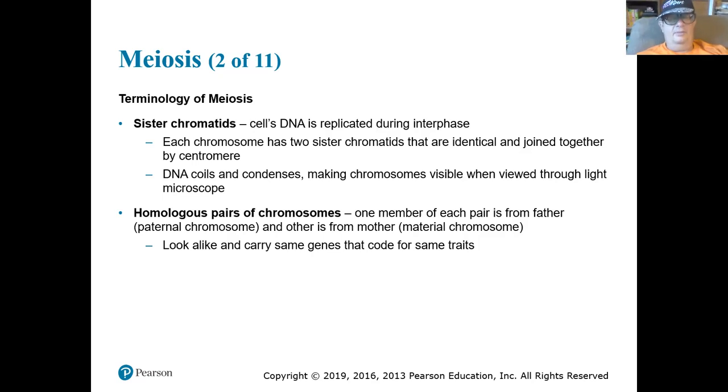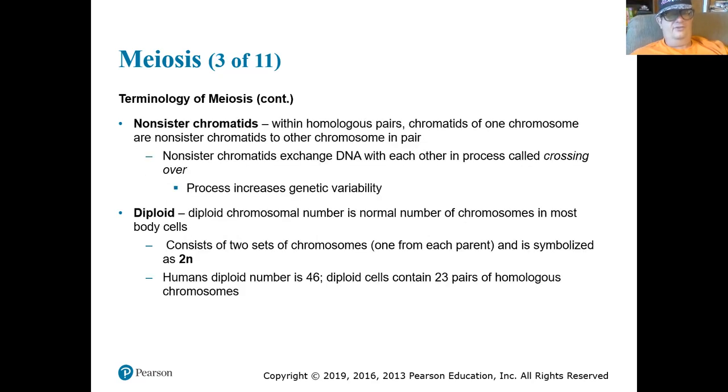But anyway, when we're looking at homologous pairs of chromosomes, they have the same genes, not the same version of the gene, that can vary, but they've got the same genes in the same locations, and that is the code for the same types of traits.